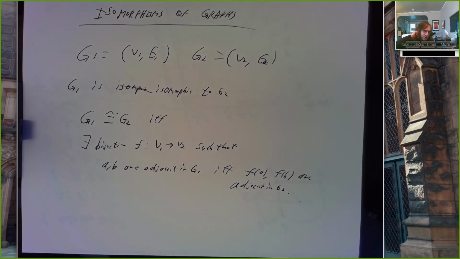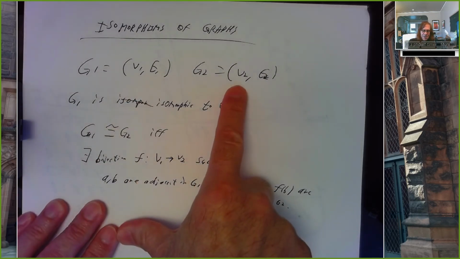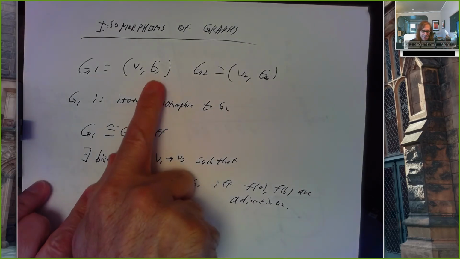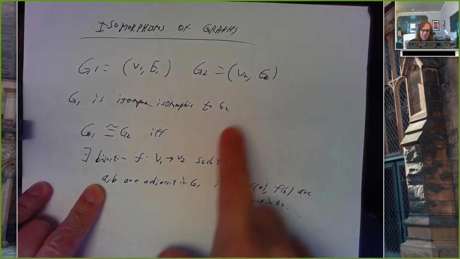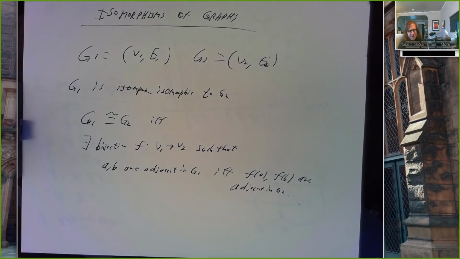So if there is a one-to-one correspondence between this set of vertices and that set of vertices, and that correspondence preserves adjacency, so two things over here are adjacent if and only if f of those two things is adjacent over here, if all of that is true, then we can say that G1 and G2 are isomorphic.